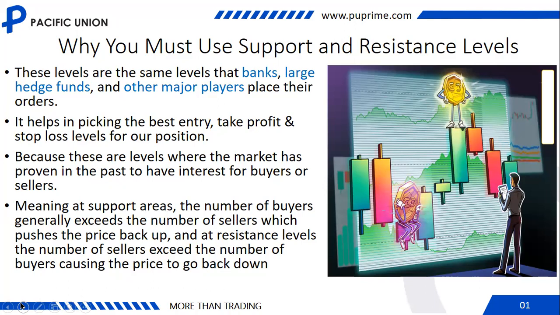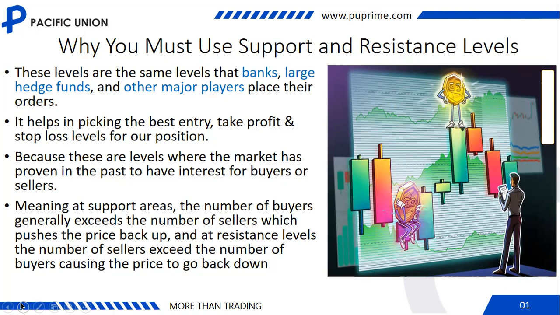Because these are levels where the market has proven in the past to have interest for buyers or sellers, meaning at the support areas, the number of buyers generally exceeds the number of sellers. Support is the buyers' region, so the number of buyers in a support region is more than the number of sellers.